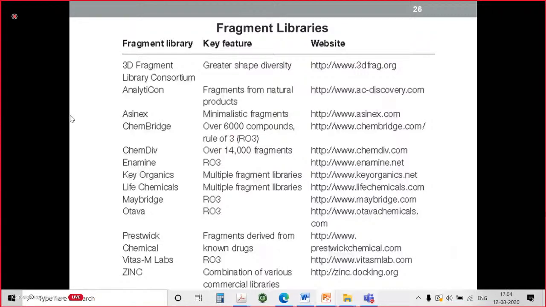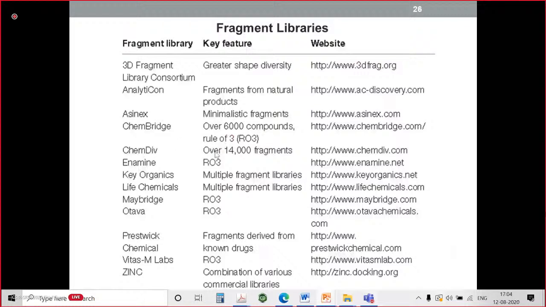This table shows you the different fragment libraries and resources, with their websites or links. You can use the 3D Fragment Library Consortium, which has great shape and diversity analysis. This is particularly for natural products; natural product fragments are available there. SNX Cambridge has over 6,000 compounds following the rule of 3.